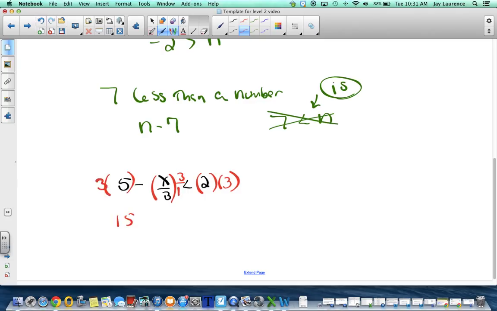So you're going to get 15 minus the 3's will cancel, x less than 6. Subtracting 15 from both sides, I will get negative x is less than negative 9. Divide by negative 1. Divide by negative 1. X will be greater than 9. Okay, the inequality flipped because I divided by a negative.